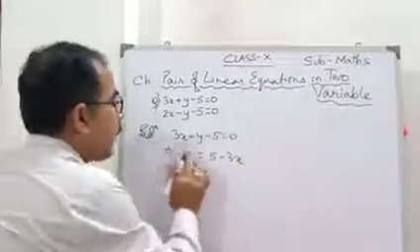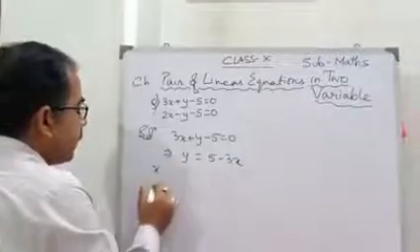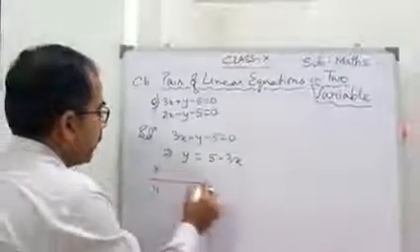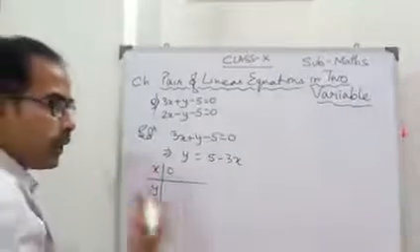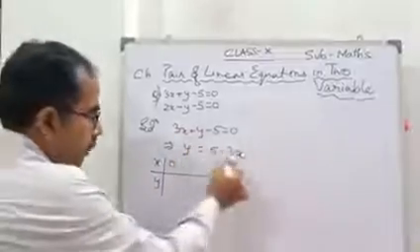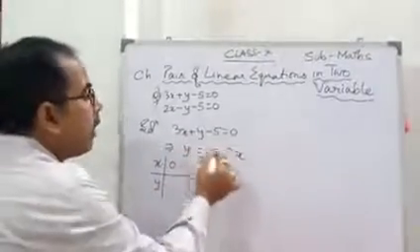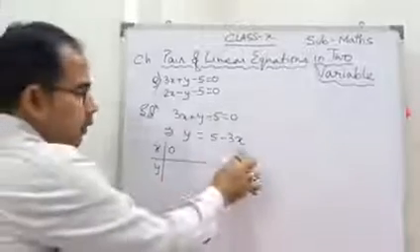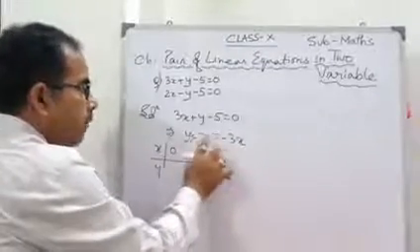Now put in the values of x and y. When x equals 0, 3 into 0 is 0, so 5 minus 0 is 5. So y will be 5.